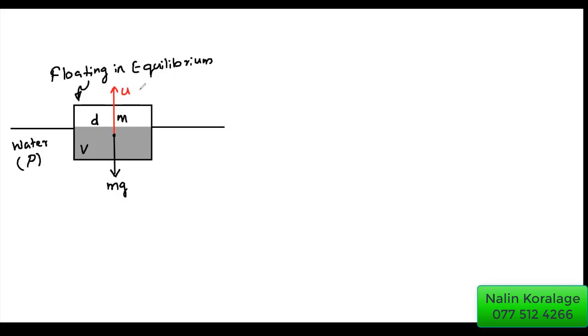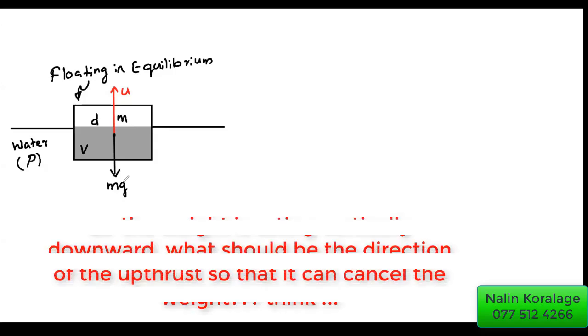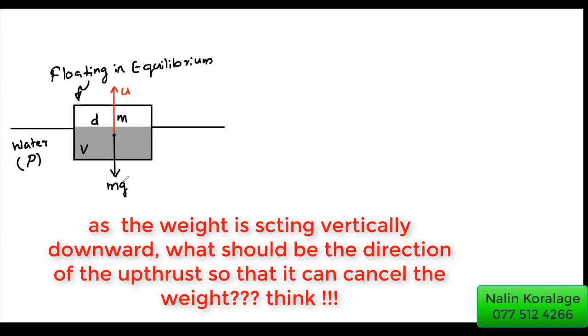My question is, in order to cancel this weight mg, which is a vertical force, it is known to you already that weight is acting vertically downwards. Earth is pulling each and every object in its gravitational field towards the center of the Earth.